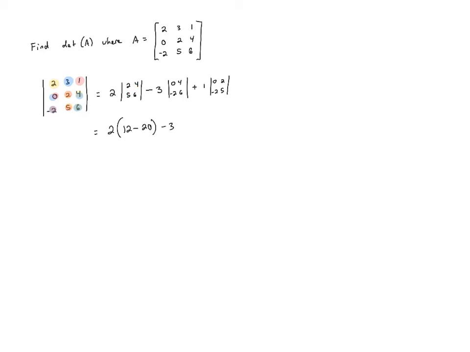Then we've got -3 times the determinant of this matrix. 0 times 6 is 0, minus 2 times 4 is -8. And then lastly, +1 times the determinant of this matrix. 0 times 5 is 0, minus -2 times 2 is -4.